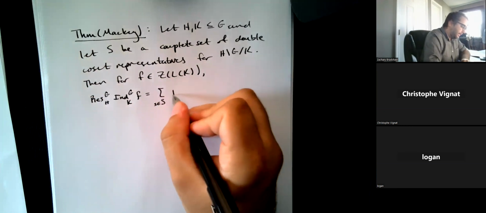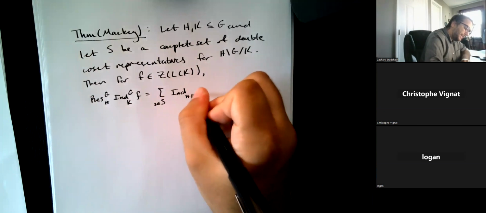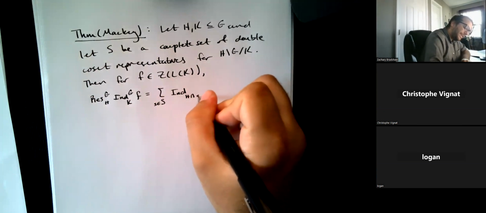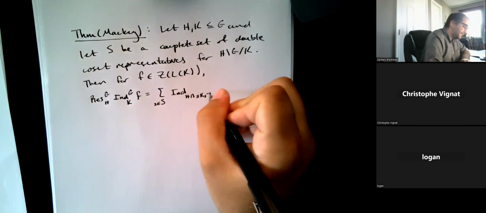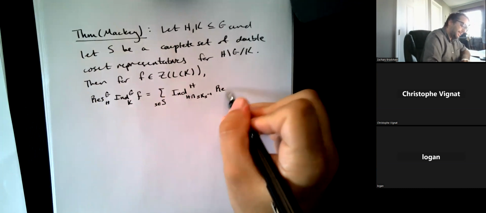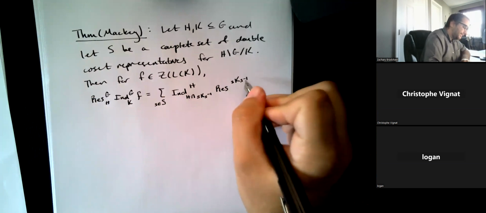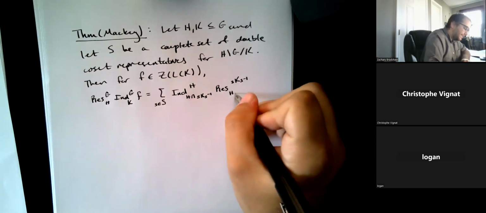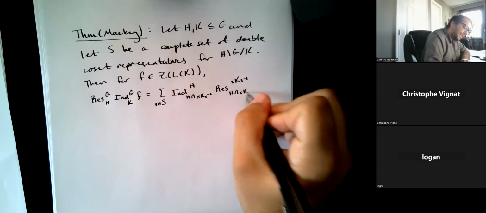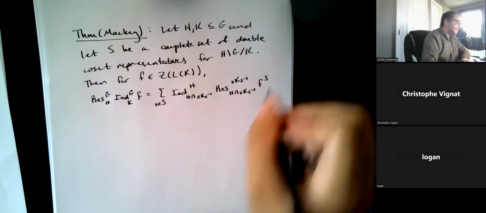We're summing the induction from H intersected with sKs inverse to H, of the restriction from sKs inverse to H intersected with sKs inverse, of f^s.